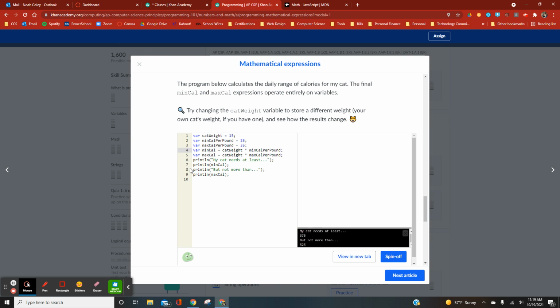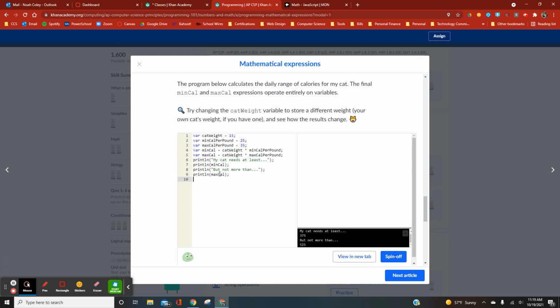And then we tell it, but not more than, print line max cal. And remember, max cal is cat weight 15 times max cal per pound, which is 35, which apparently is 525. So there's this was 9 steps written out.